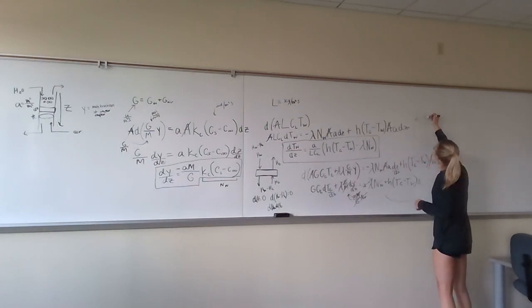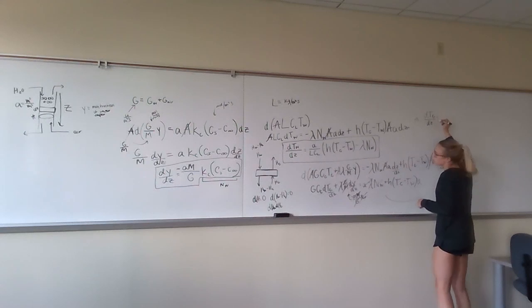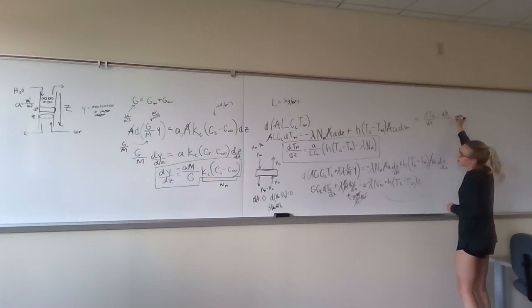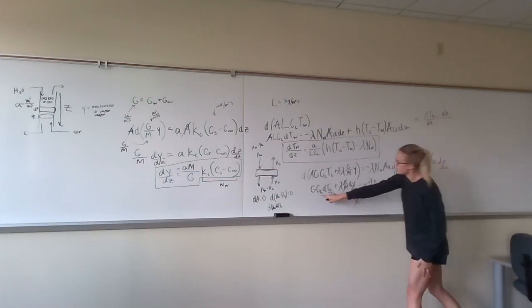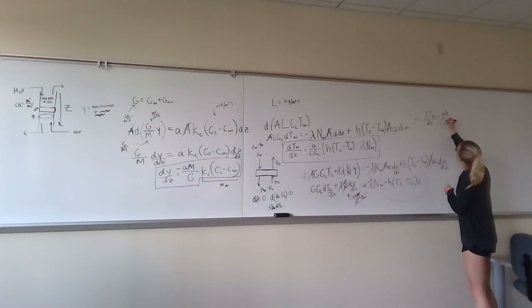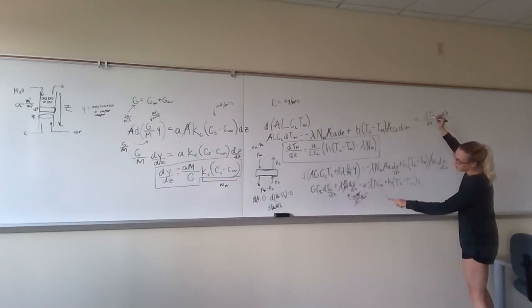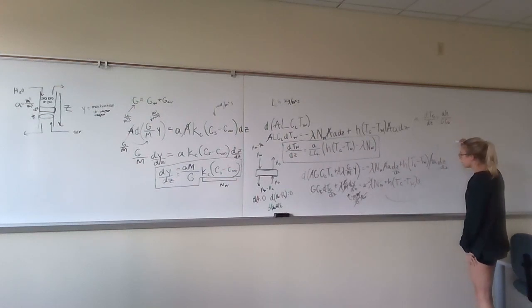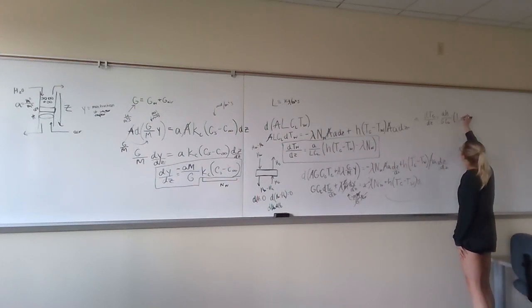the change in the temperature of the gas phase with respect to position is equal to the specific surface area times the heat transfer coefficient divided by, these moved over to this side, the gas flow rate times the heat capacity of the gas phase, times the difference in temperature of the gas and the liquid.